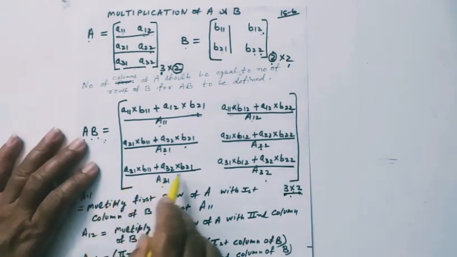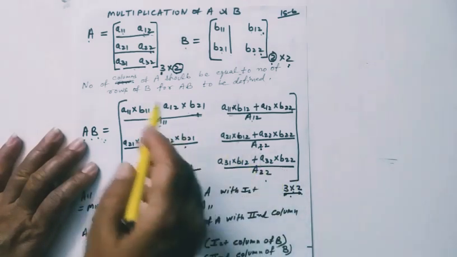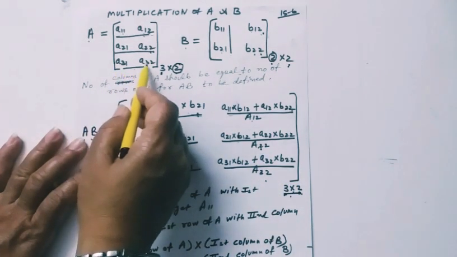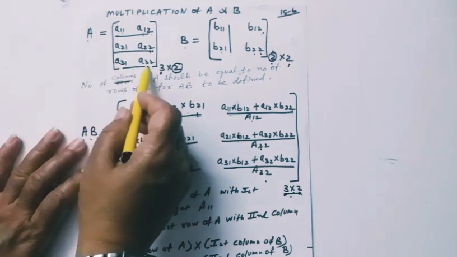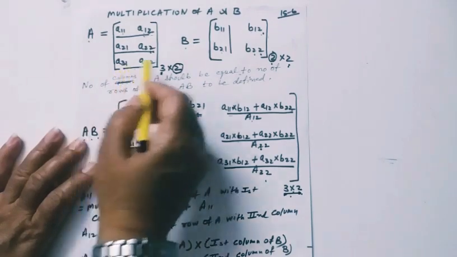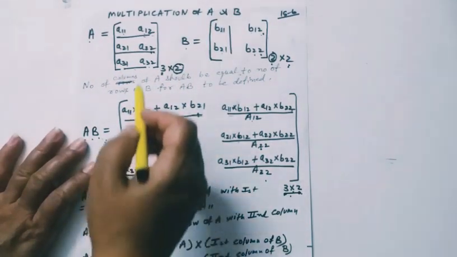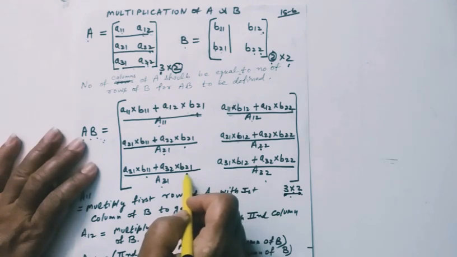So now we have to fill the third row. To fill the third row of the product AB, I have to take the third row of matrix A. So I have to multiply the third row of matrix A again with the first column of matrix B. So A31 into B11 plus A32 into B21. Okay, this is done.